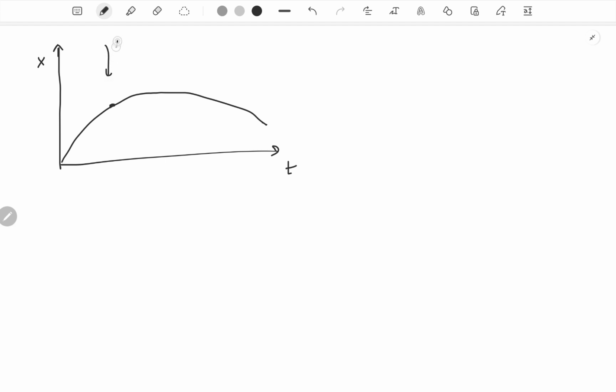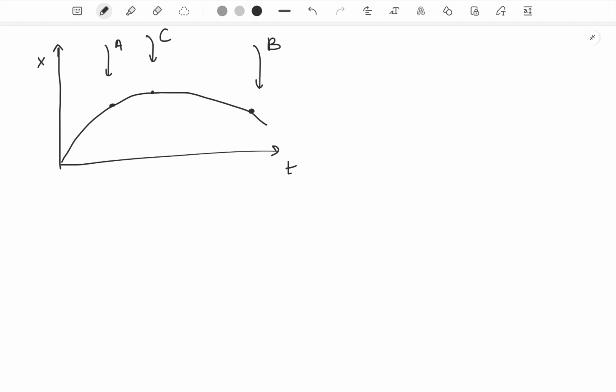Let me call one A, another point B, and another point C. So imagine that point C is at the topmost point, or rather until point C the position x value has been increasing. Beyond point C the x value starts to decrease.